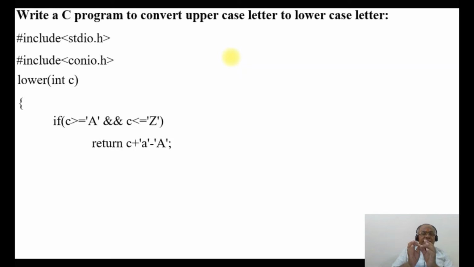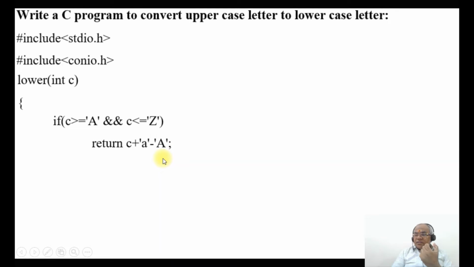So if c is greater than or equal to the character capital A and c is less than or equal to the character capital Z, and the condition is true, then you return c plus character small a minus character capital A. So what does it mean?